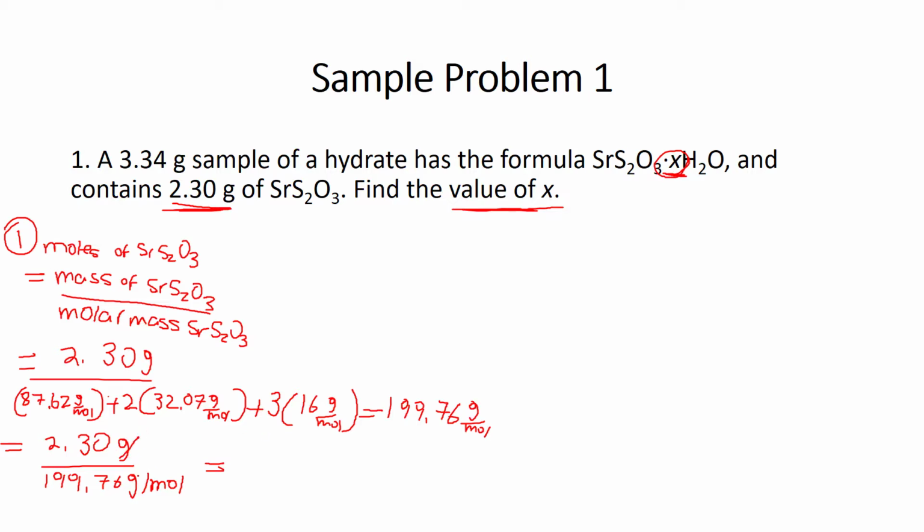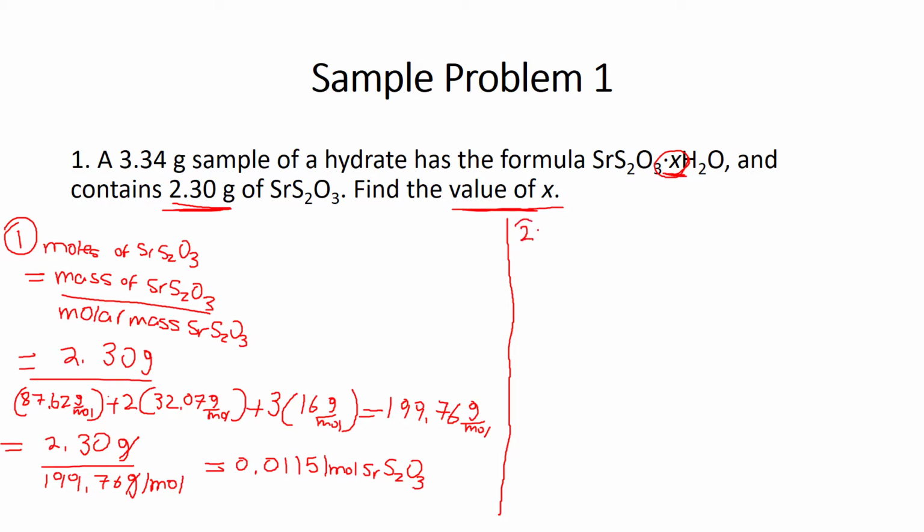The grams get cancelled out, and all you have to do is 2.30 divided by 199.76, which gives you 0.01151 moles of SrS2O3. So that will be our first step of finding the answer.